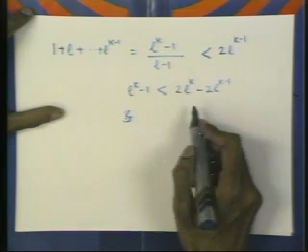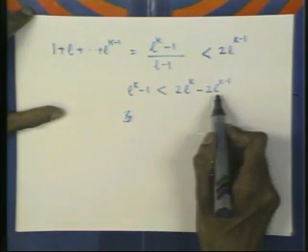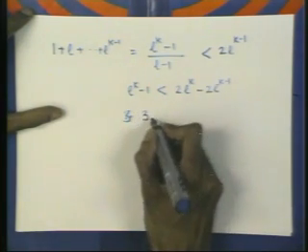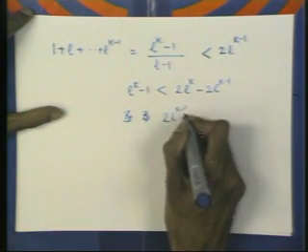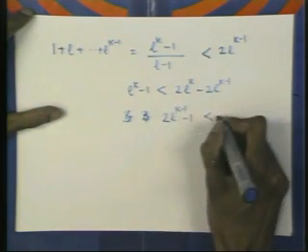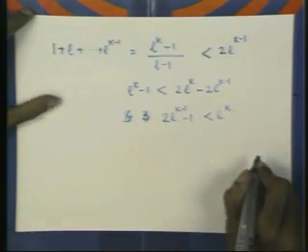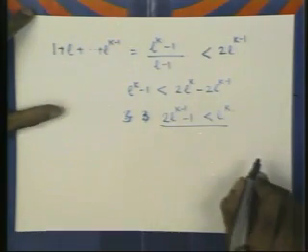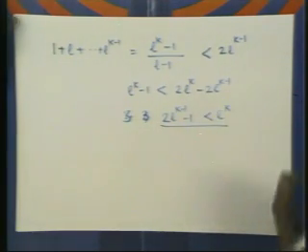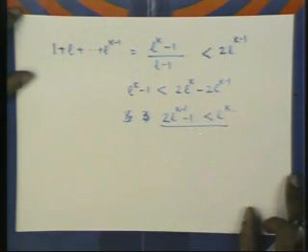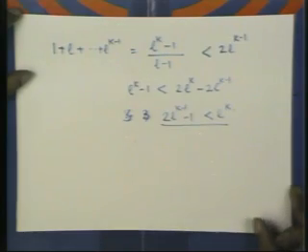So I have 2 L to the k minus 1 should be less than L to the k. So you can check that for reasonable values of k this is true. Okay, for L 3 or 4 it's true. So I can just take some L which is larger than that. Yeah, so that was one thing which I had not completely covered. Proves that subset sum is NP complete.